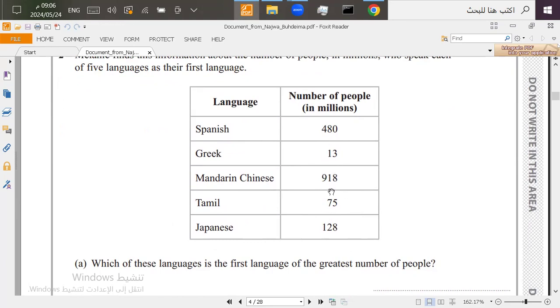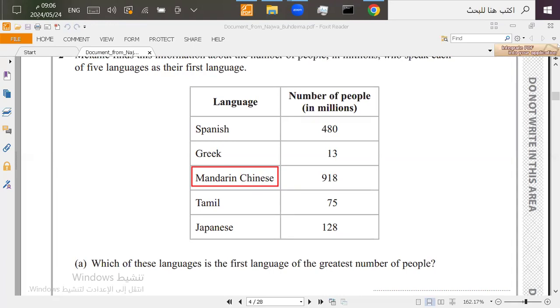We find out that 918 million is the highest. So Mandarin Chinese is the highest. This is question A.